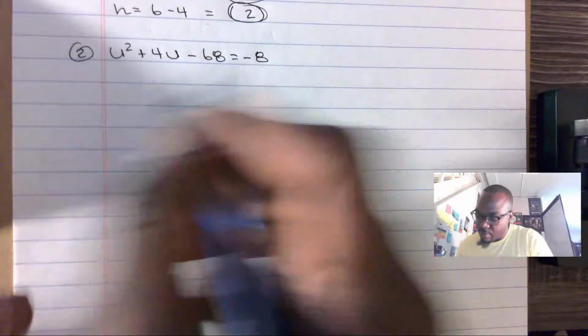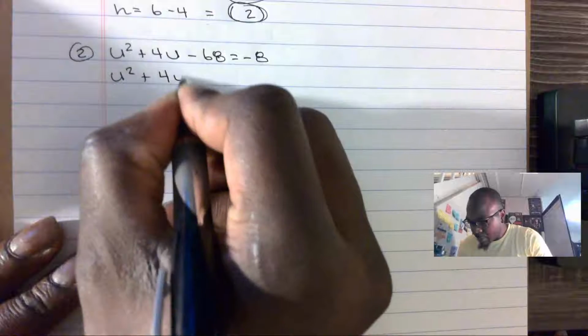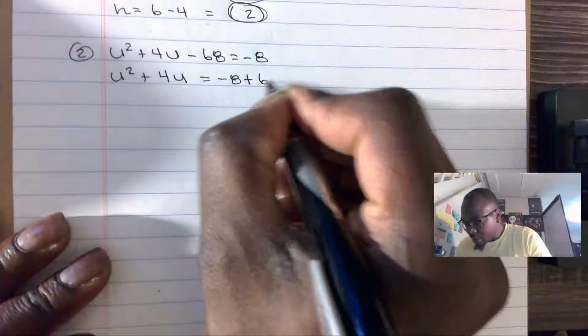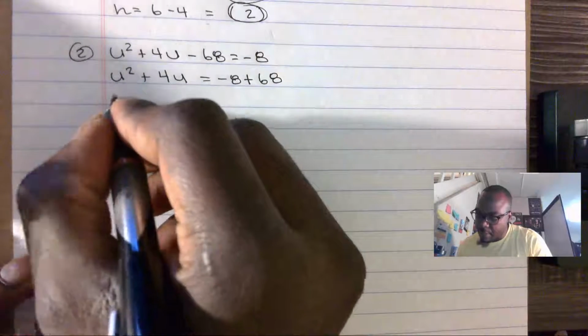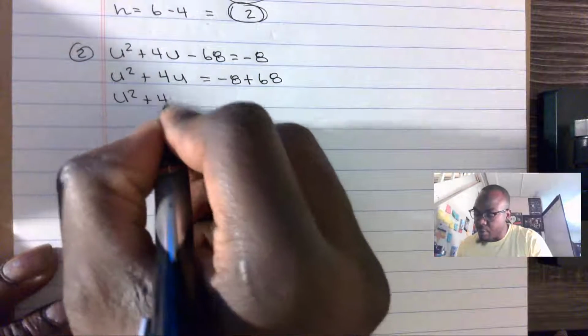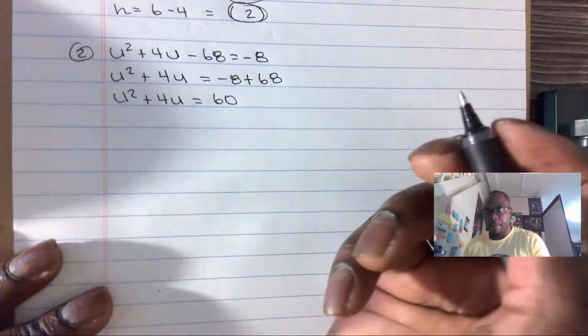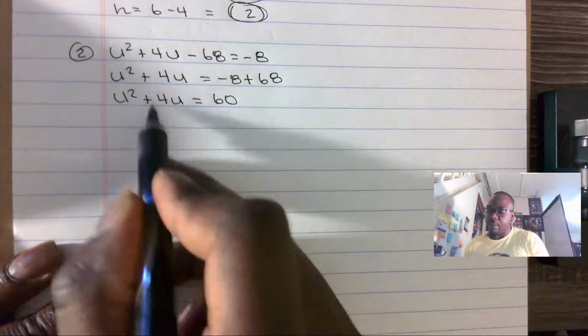So when I add 68 to both sides, I have u squared plus 4u is equal to negative 8 plus 68. All right, when I simplify this, I get u squared plus 4u is equal to 60. All right, so now I'm going to take b, which is 4, and I'm going to divide it by 2.